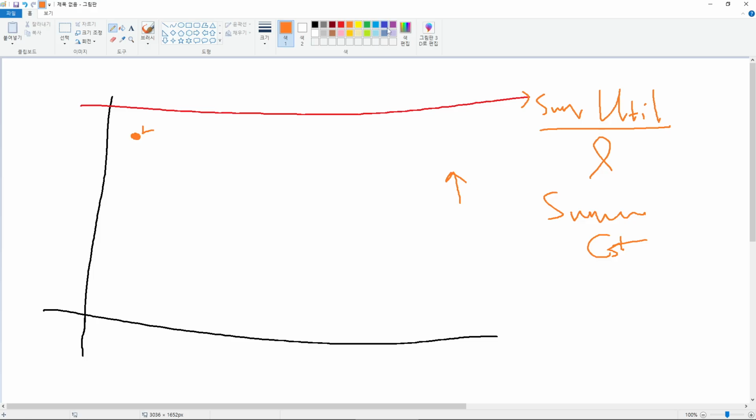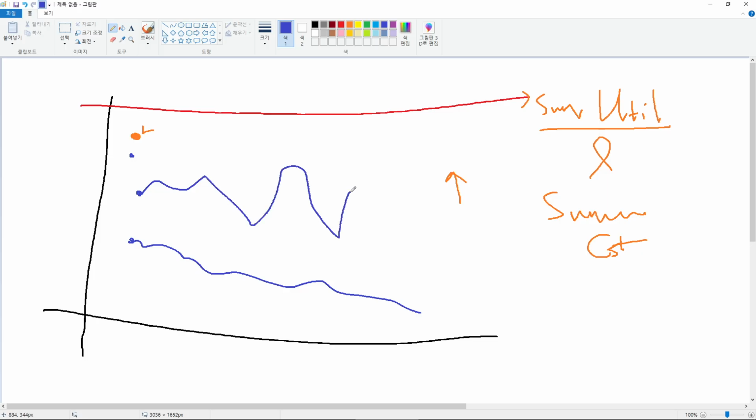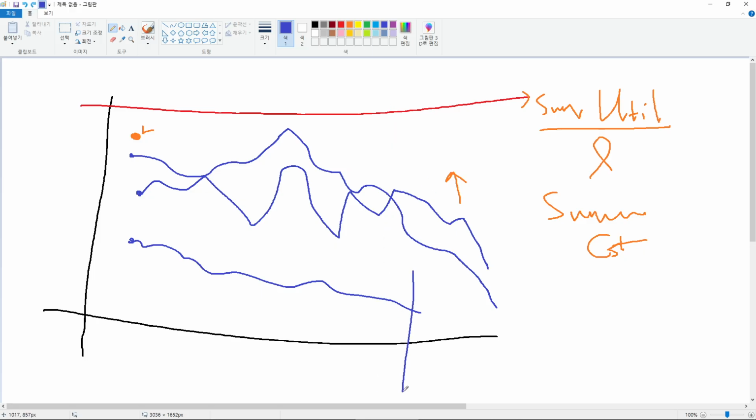However, if an entity were to start somewhere here, maybe here, or even here, it would exist for quite some time, like that, until they get limited out of the population, like here.